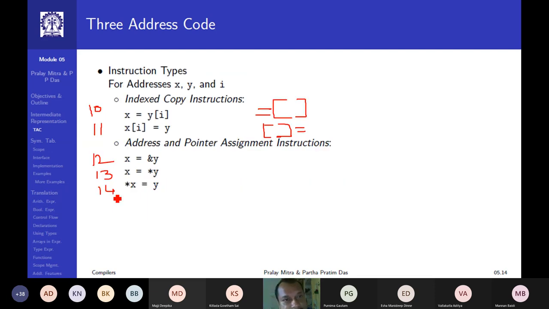Now the interesting point is that in your assignment 5, you have to write the 3 address code, and for that you need to use these basic 3 address codes only. Once that 3 address code generation is done in your assignment 5, assignment 6 is going to be directly from this 3 address code you translate to machine code.